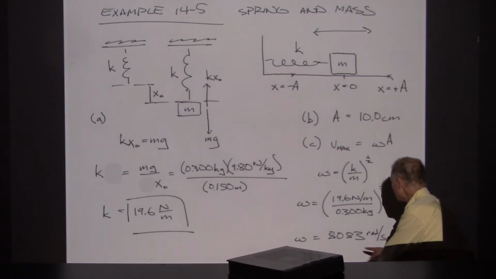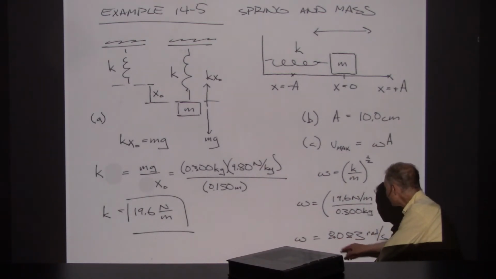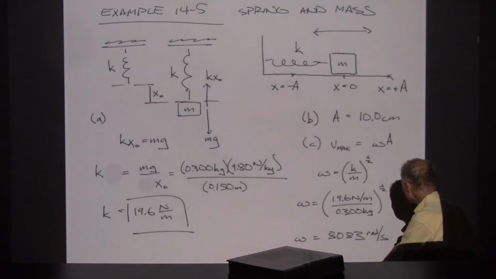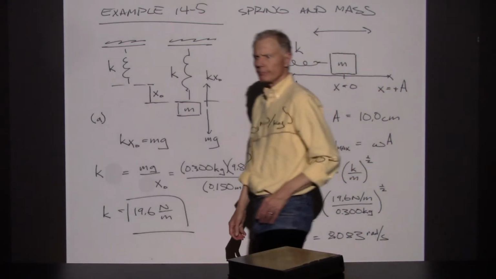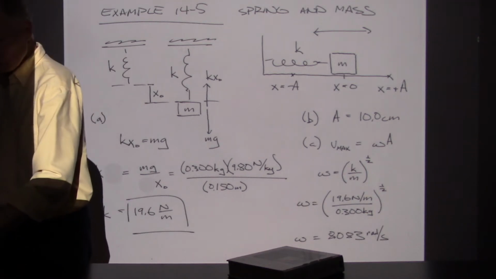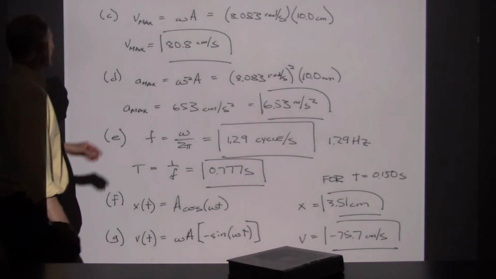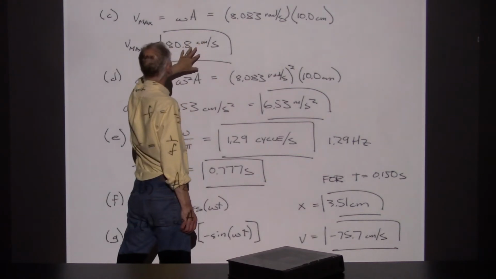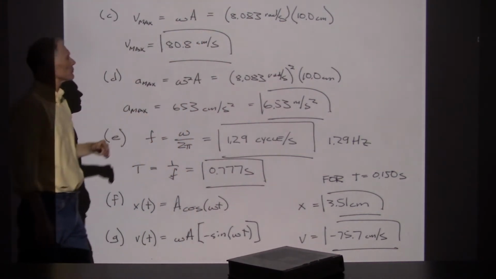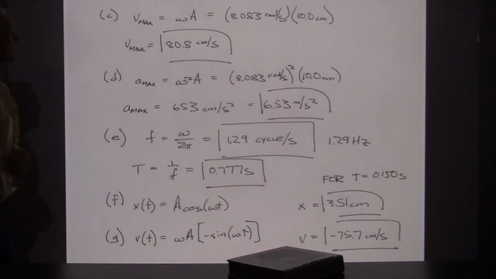So make sure that's a decimal, not a comma. All right, and that's in radians per second. Vmax then is omega times the amplitude. That gives us a maximum speed, 80.8 centimeters per second.